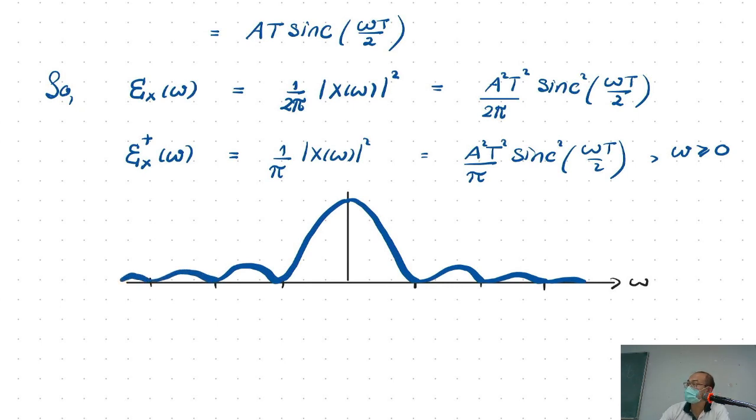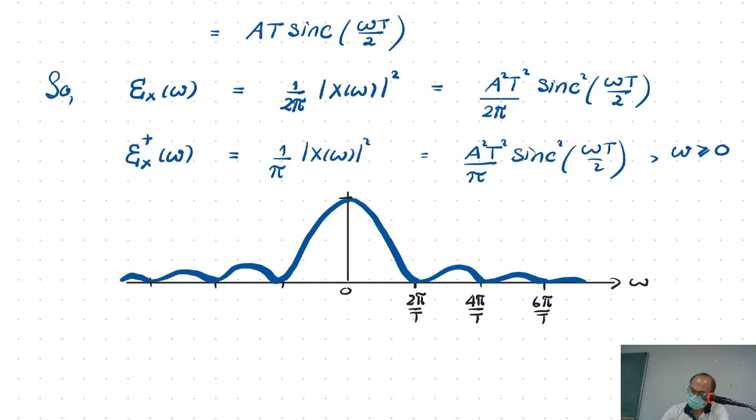This is a graph of sinc squared, right? And the zero crossing occurs whenever the inside of the parentheses is k pi, right? So the first zero crossing occurs at omega equal to 2 pi over T. So this is 2 pi over T, and the second zero crossing occurs at 4 pi over T, twice that. And the third is 6 pi over T.